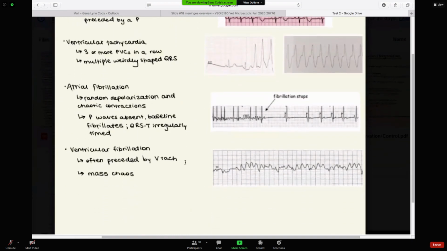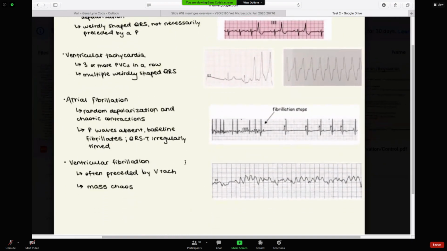So then we have fibrillation. Those are ectopic beats or PVCs. Fibrillation means that it's not caused by one specific cell reaching threshold and that depolarizes the rest of it. It means that it's just randomly happening, right?